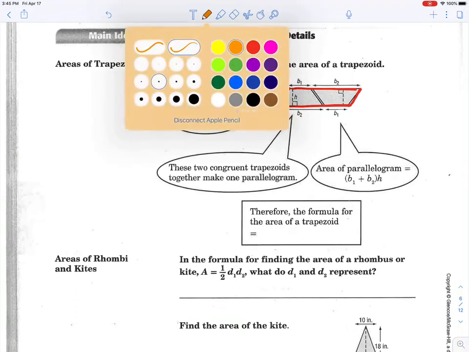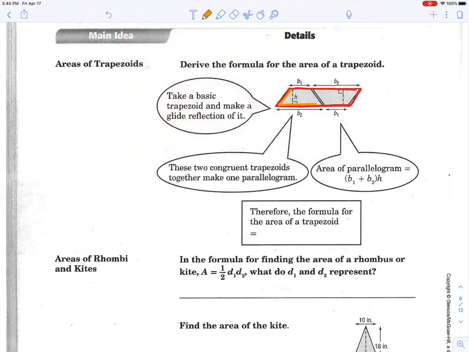So if we take this first trapezoid and we move it to the right and reflect it, I get the second trapezoid. Putting them together, I have the parallelogram. These two congruent trapezoids, because a glide reflection always produces something that's congruent, it doesn't change its shape or size, form a single parallelogram.